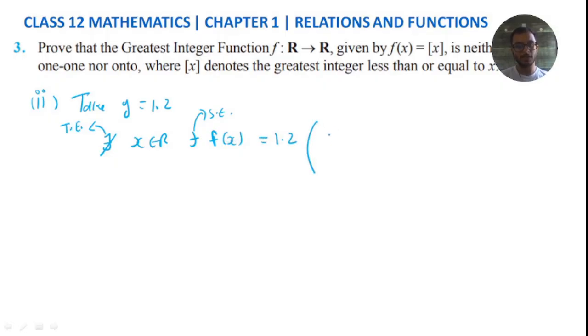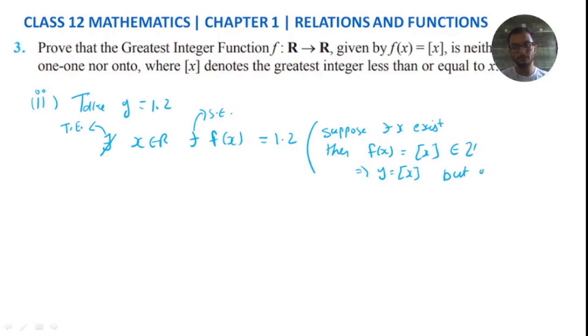You will ask why. Suppose such an x exists. Then f of x, the greatest integer function of x, will be an integer. Suppose such an x exists, that means f of x equals y, which implies y equals the greatest integer function of x.